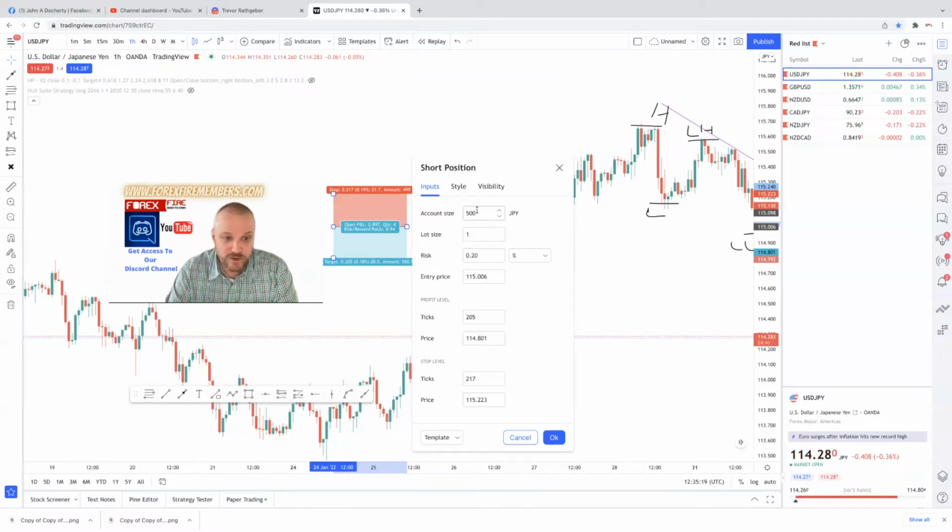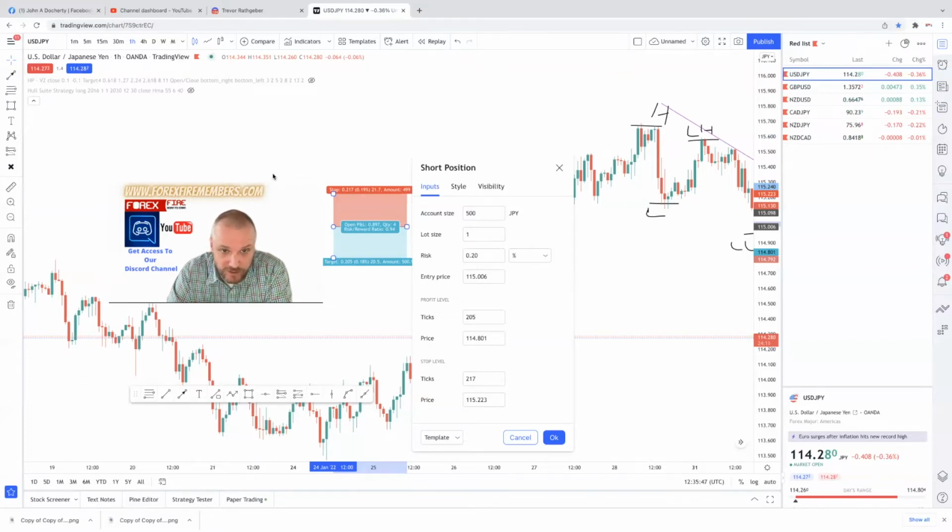Okay. So just as a recap, we've got an account. Ignore what's there at the moment. It's 500 of whatever you're trading, whether it's dollars, whether it's sterling, whether it's yen, whether it's New Zealand dollar, whatever you're trading, that we've got a 500 account. We leave the lot size as 1, okay? We're only going to be risking 0.2% of the trade, okay?